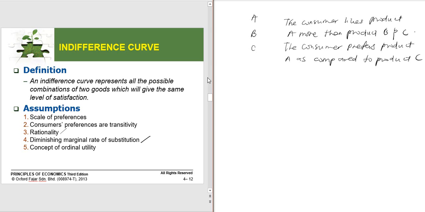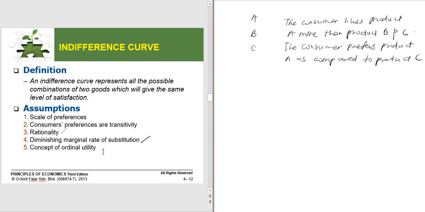The main concept that you learn about in microeconomics is the term scarcity. Because of scarcity, you have to choose whether to consume more of product A or more of product B. If you want to consume more of product A, you have to reduce the consumption of product B. So there will be a marginal rate of substitution there, or opportunity cost in other terms. Diminishing marginal rate of substitution here is actually the same concept as opportunity cost.